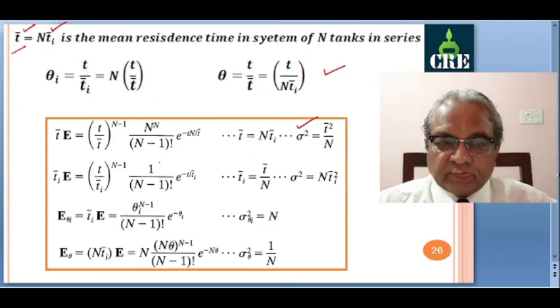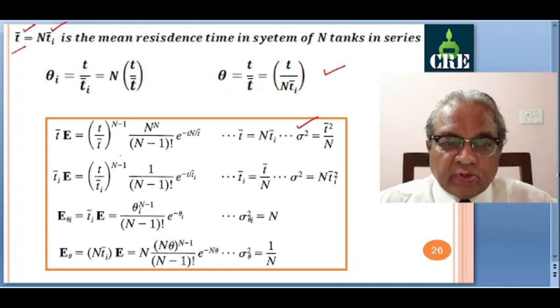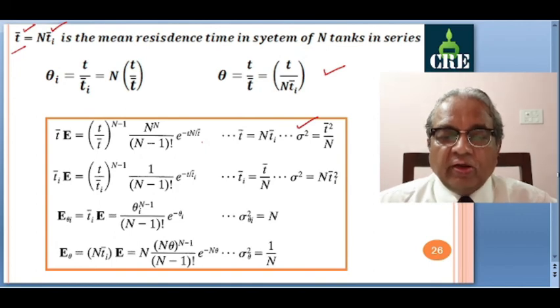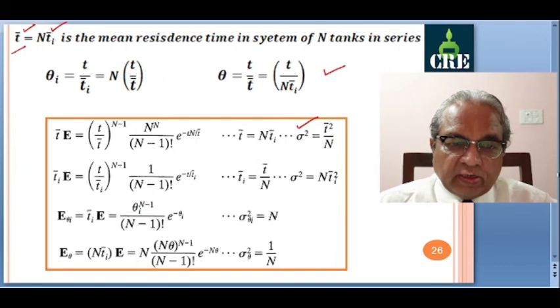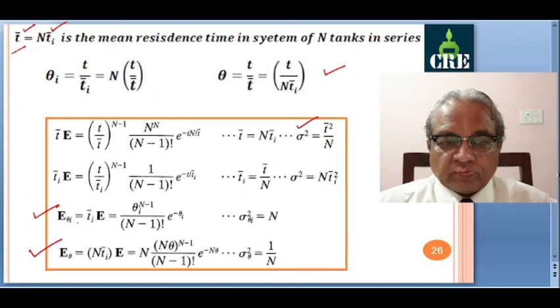So number of tanks to be employed you can find out. Same thing, these two expressions, one for individual system and one for the total system of n tanks in series. Same thing is written for this in terms of dimensionless variables.